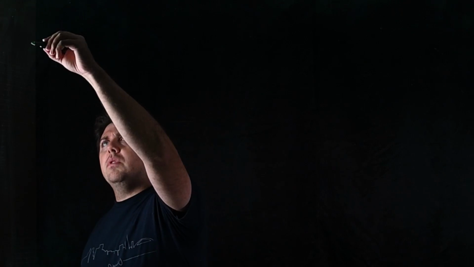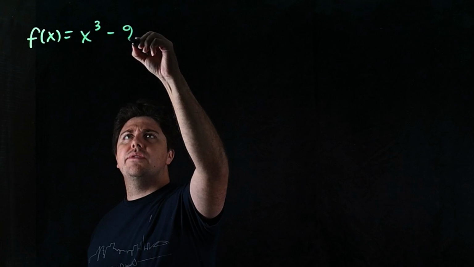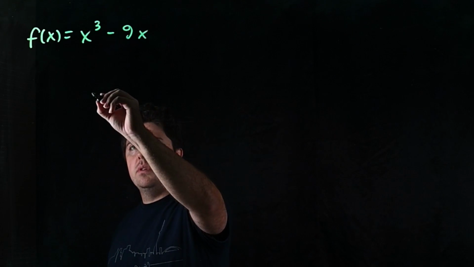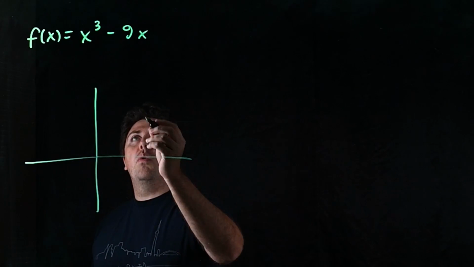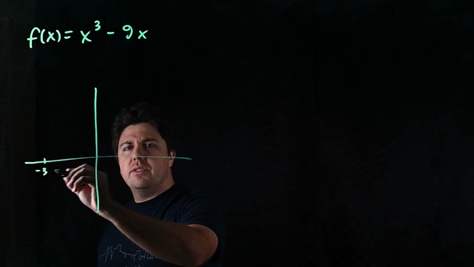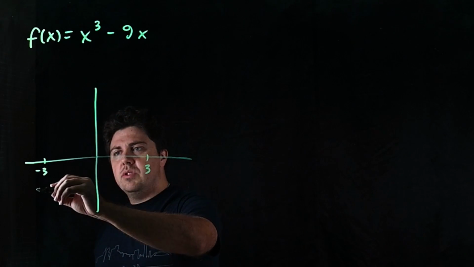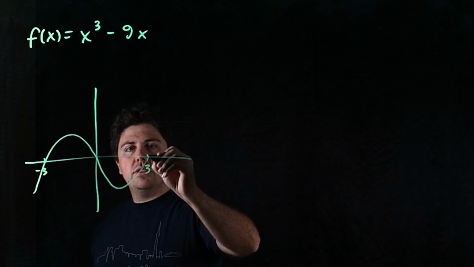All right, let's return to this example. f of x is equal to x cubed minus 9x. We know a fair amount about this example, so let's just draw it out. We know that at minus 3 and 3, it's going to hit 0, so it looks like this.